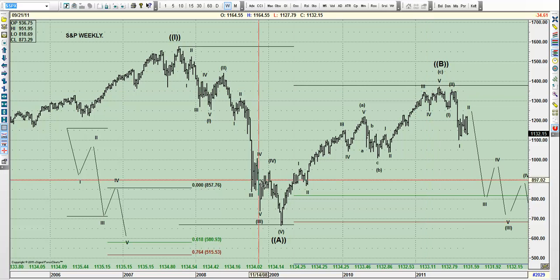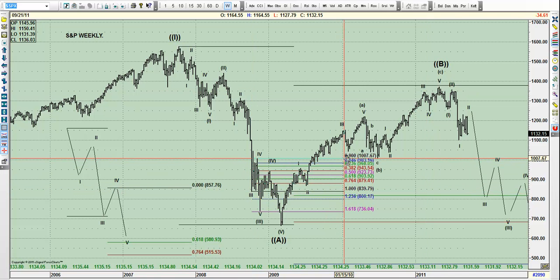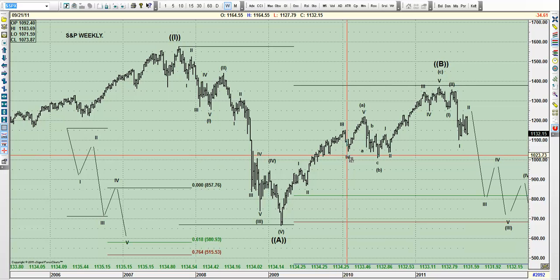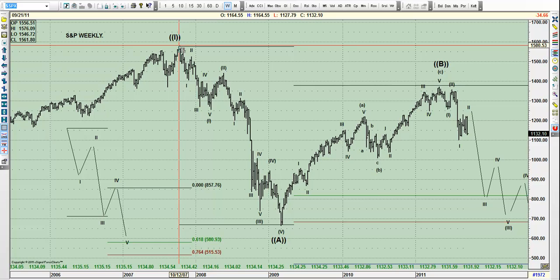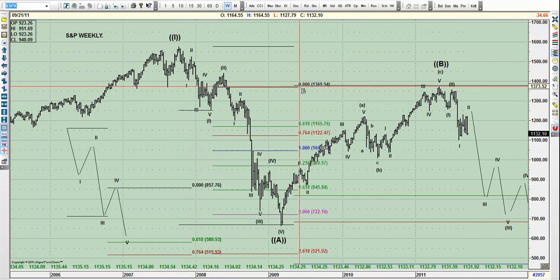That can be an area. Another area is you go right here and you measure, and you see that it went to the peak to the 1.618.